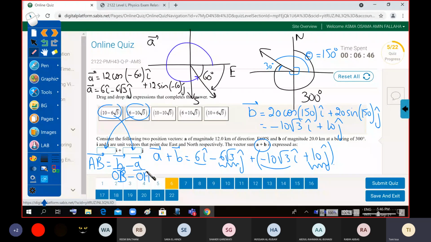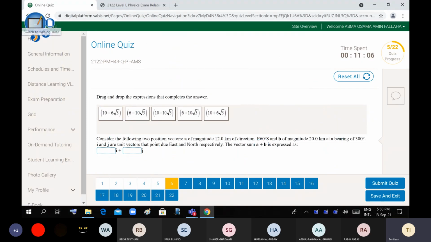And then you do, as I told you, XB minus XA, YB minus YA. So here, they ask you A plus B, fine, you do A plus B. But if they say vector AB, remember it will be vector B minus vector A. Okay, so here you will get 10 minus 8 will be here, this will be here.